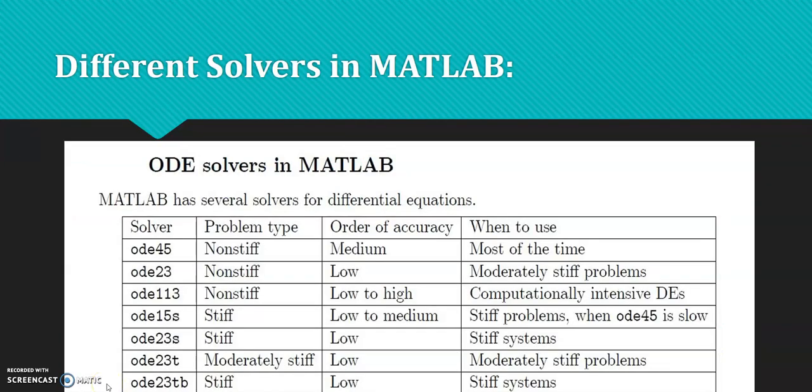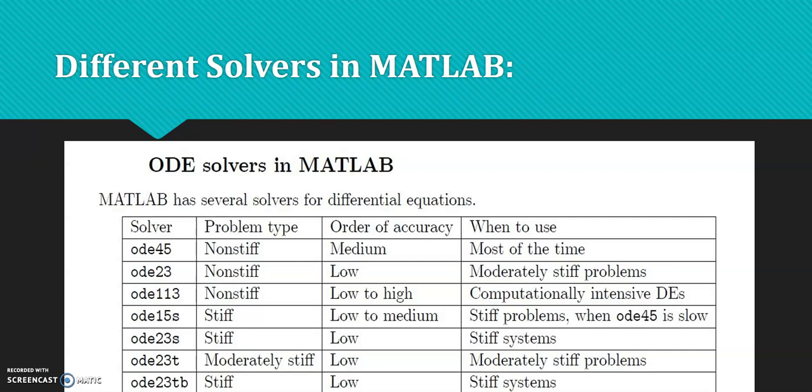First of all, for this experiment 8B, we'll be using a differential equation solver, and it is termed as ODE solver in MATLAB. Generally, ODE45 and ODE15s are used.